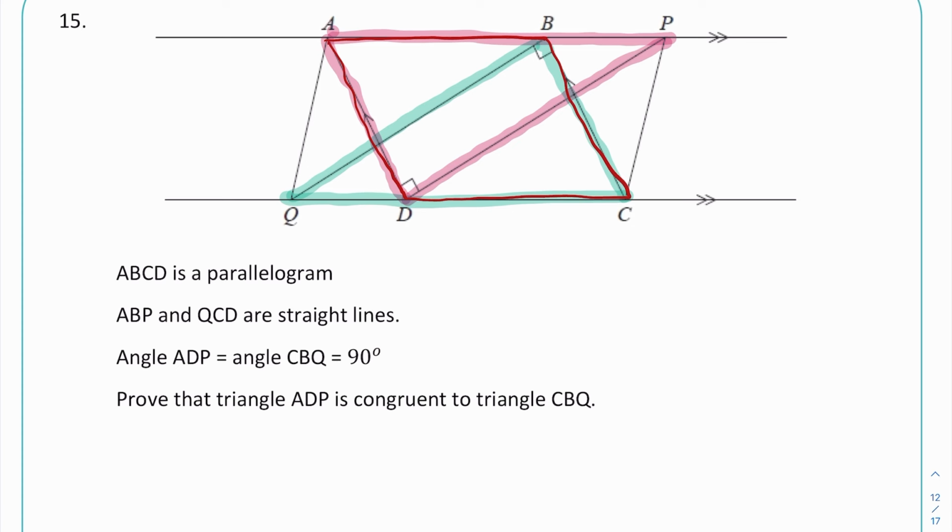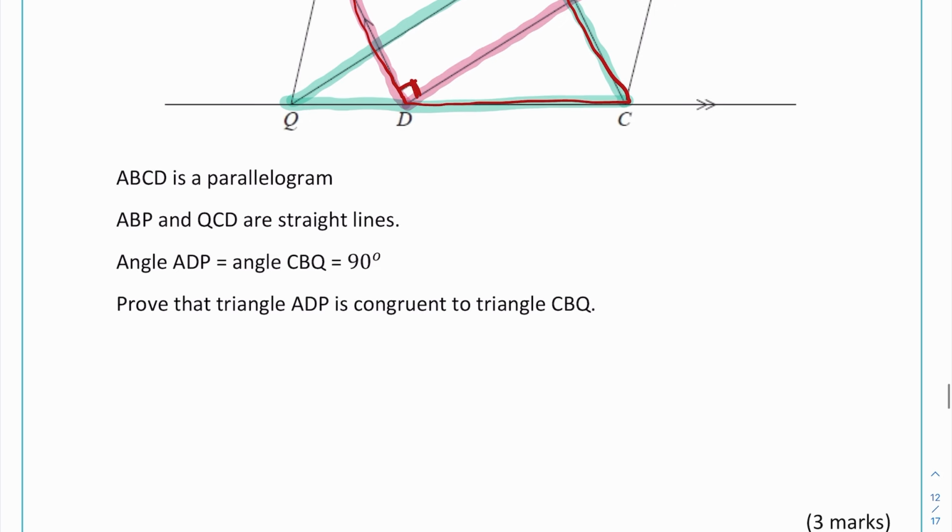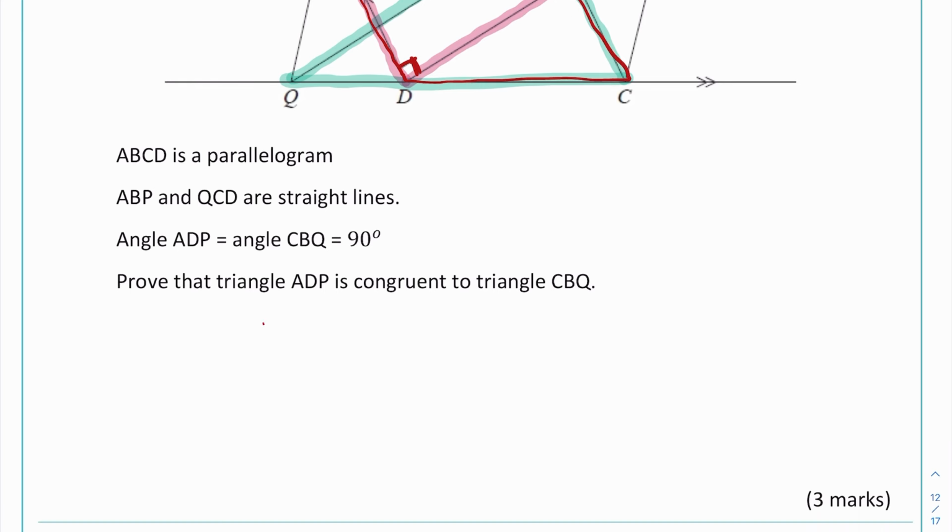Now, one thing that stands out to me straight away is that they both share a right angle, and straight away that gives me something that's the same. We're actually told that in the question. So if I do this in bullet points, we've got angle ADP is equal to angle CBQ, and they're both equal to 90.